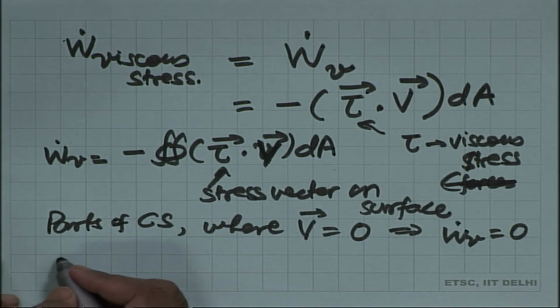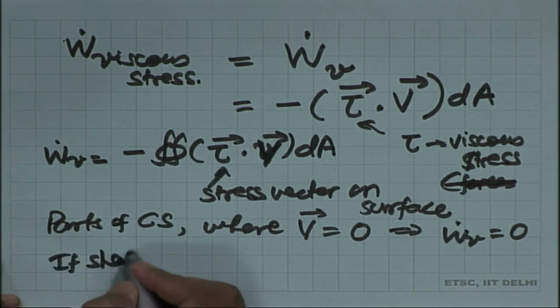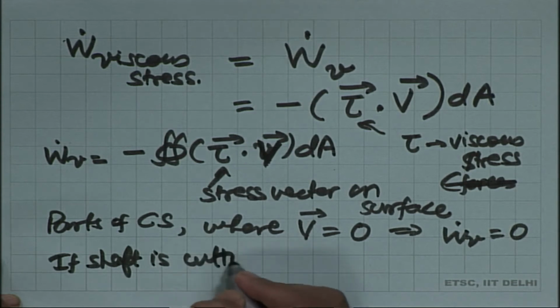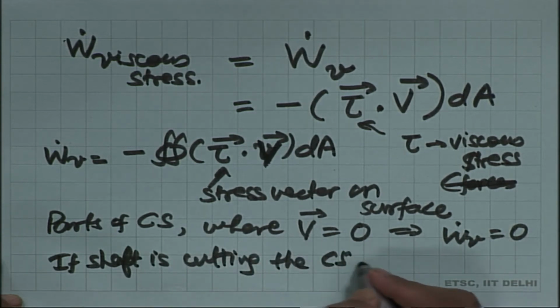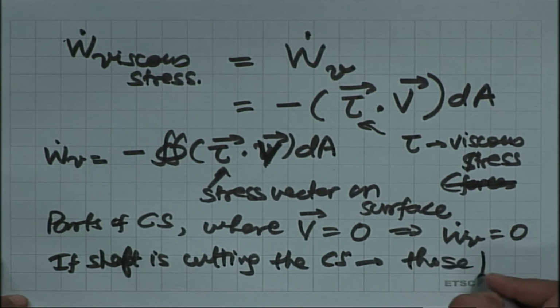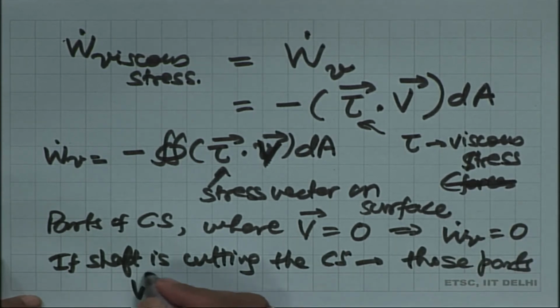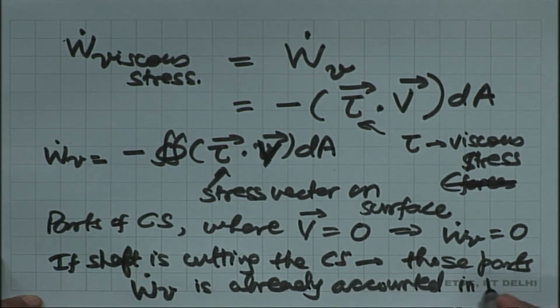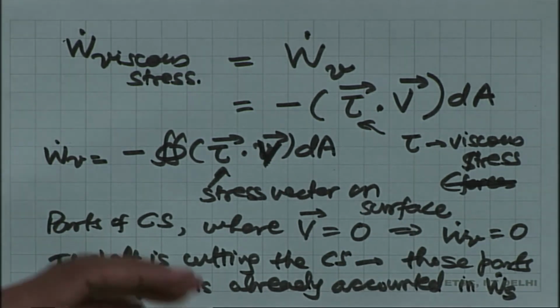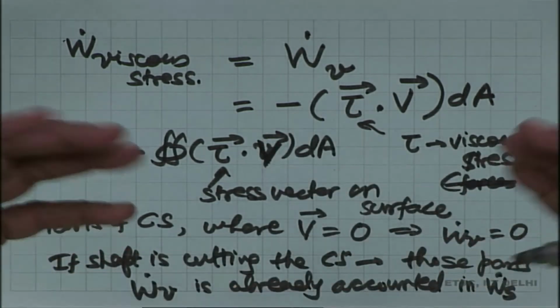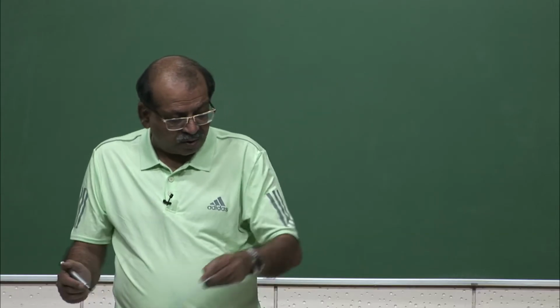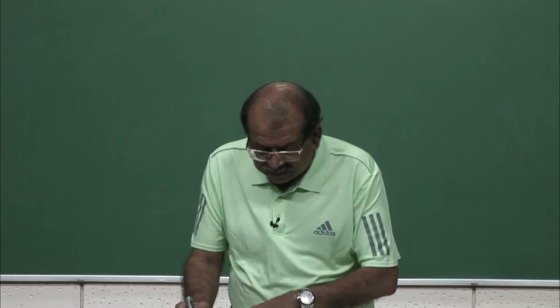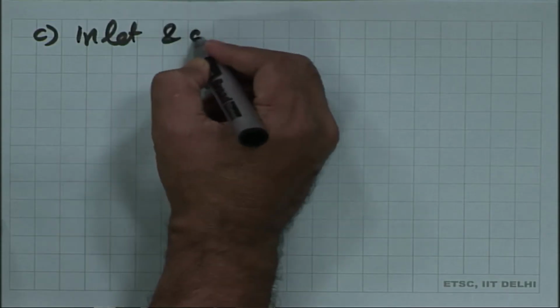Secondly, if a shaft is cutting the control surface, then on those parts viscous work is already accounted for in shaft work. In those parts of the control surface where the shaft is cutting, obviously the viscous forces are doing the shaft work, so that has already been accounted for. So, what leaves us with are the inlet and the outlet.